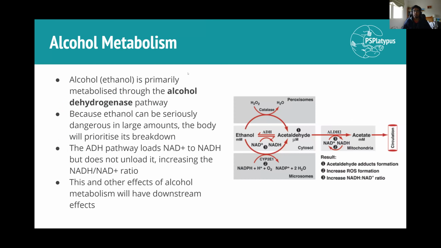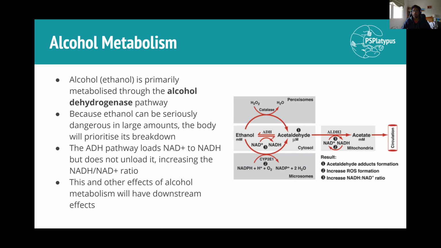So the main way that your body gets rid of alcohol or breaks it down is through the middle pathway. That diagram at the right looks a bit scary, but all you need to do right now is just follow the middle line. So you see ethanol, it goes through acetaldehyde, and over there just on top of the little equilibrium arrow, we have ADH, that stands for alcohol dehydrogenase, which is the enzyme responsible for converting between the two.